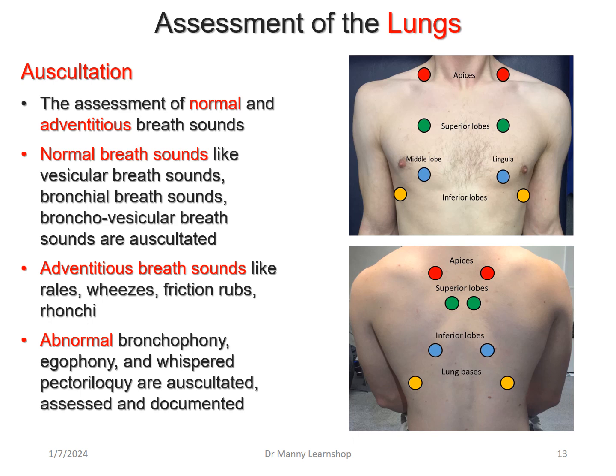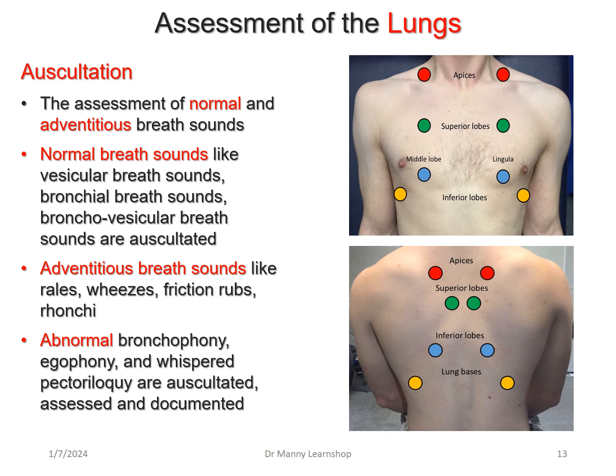When we assess the lungs, as we mentioned, auscultation is important, and auscultation is using a stethoscope to assess normal and abnormal or adventitious breath sounds. Normal breath sounds are vesicular, bronchial, and bronchovesicular.